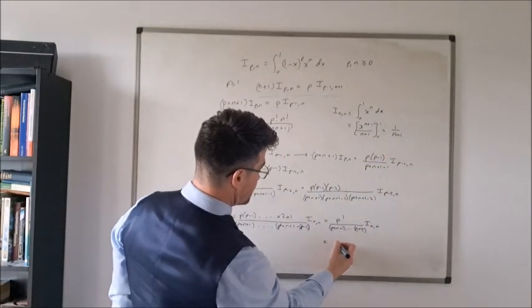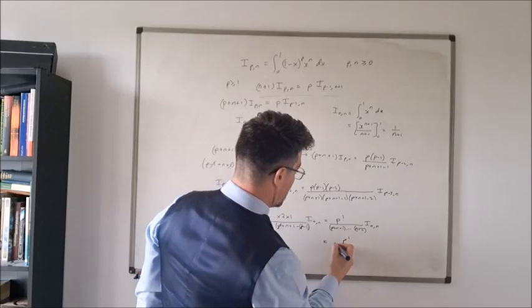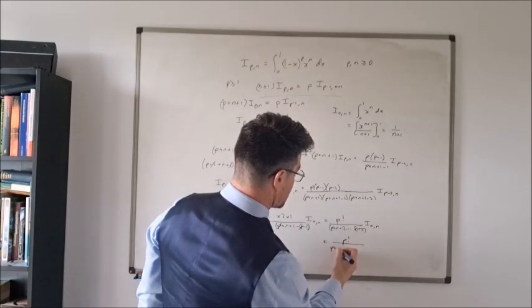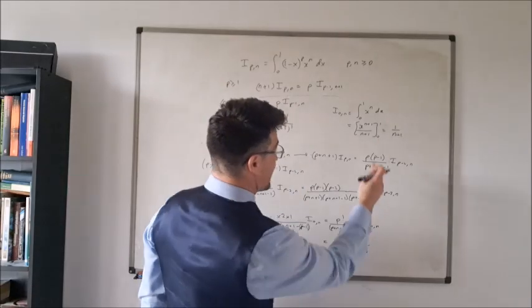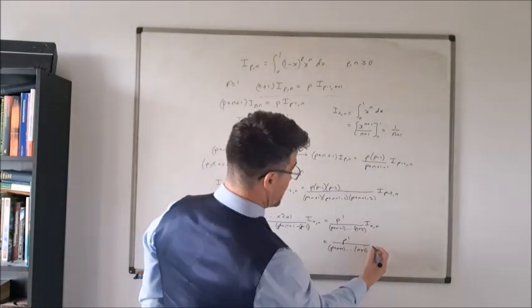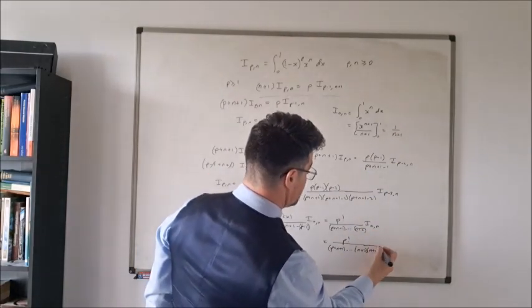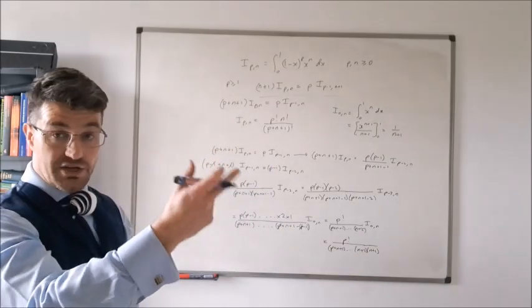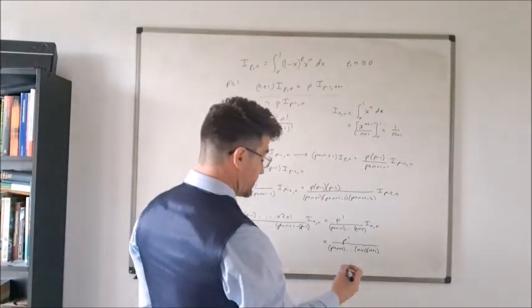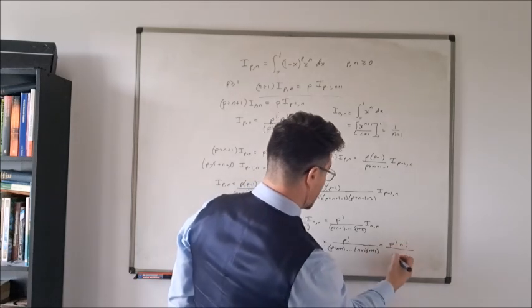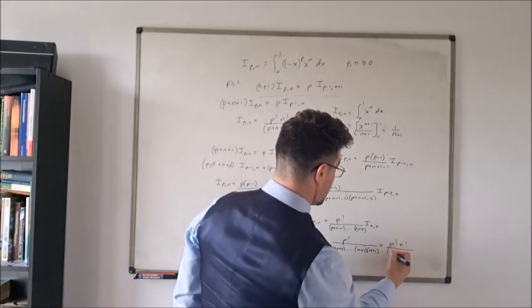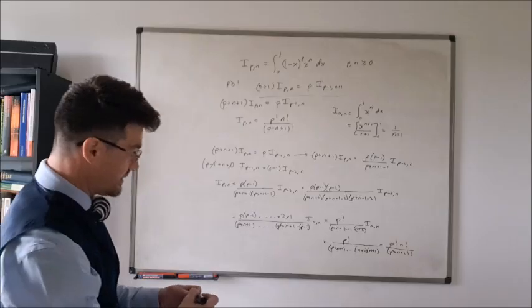So in other words, p factorial over p + n + 1 down to n + 2 is equal to 1 over n + 1. So what can I do? Multiply numerator and denominator by n factorial, and that gives me p factorial n factorial over (p + n + 1) factorial, which is what I need.